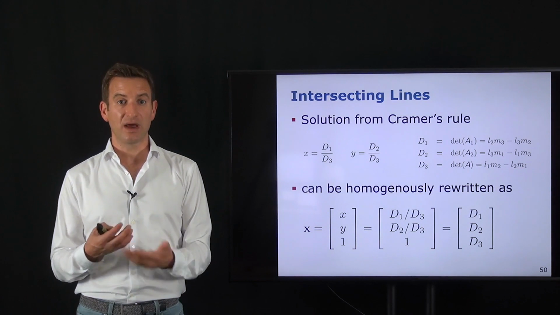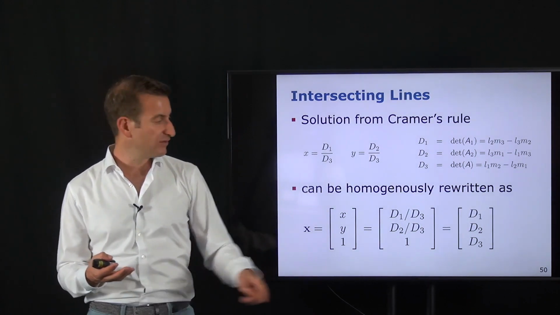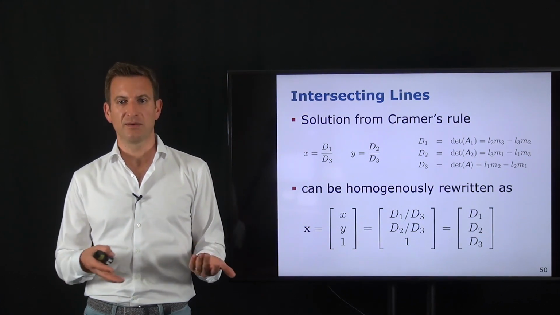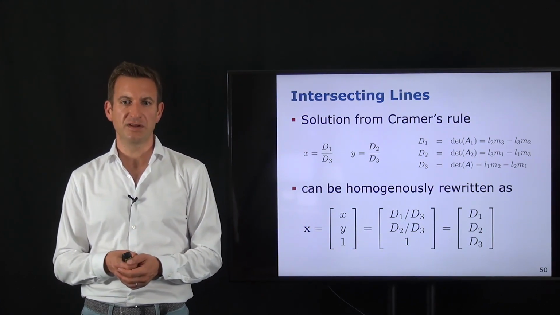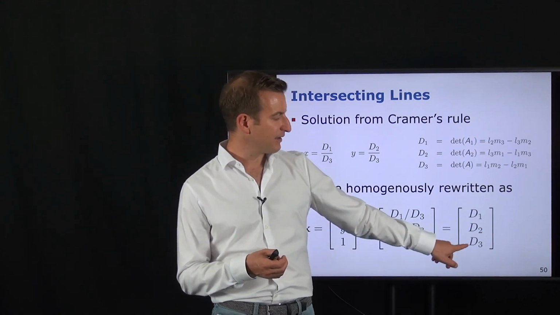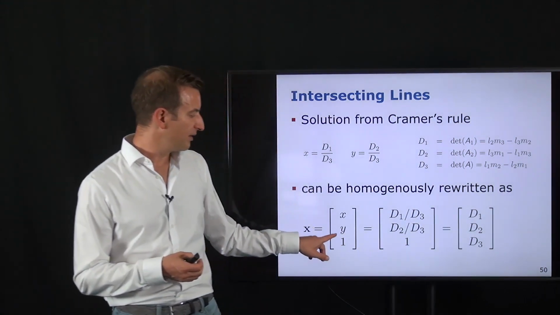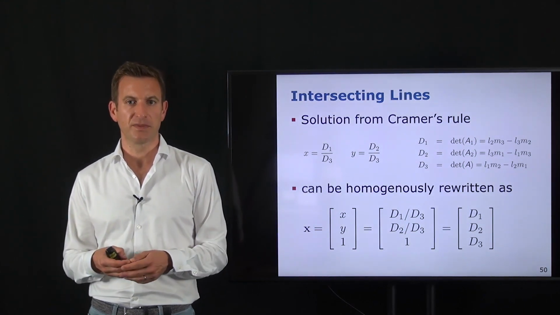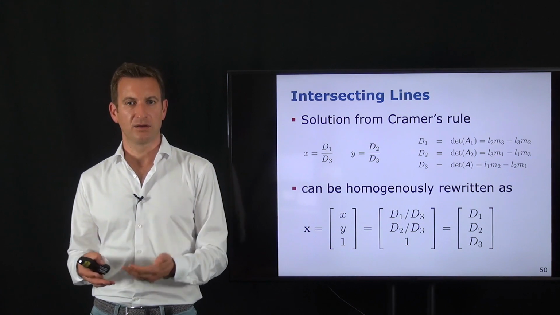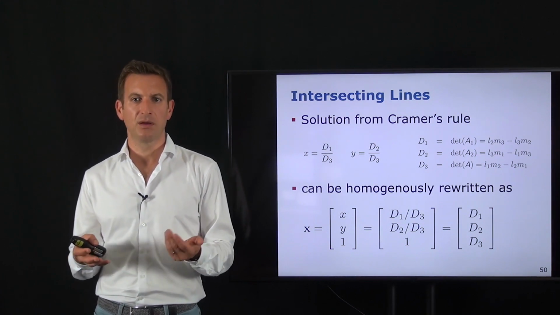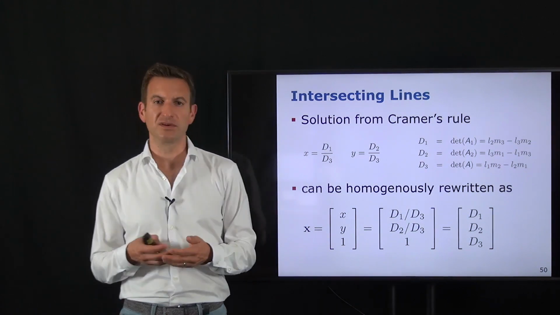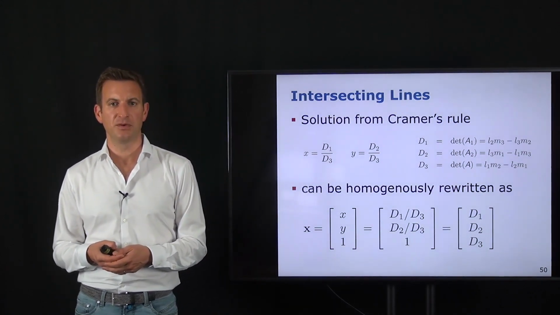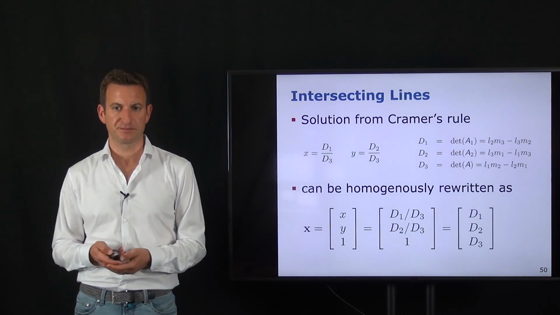Now I can write this in homogeneous coordinates as d1, d2, d3, a vector with 3 components. If I take this vector and go back to the Euclidean world, I have to divide by the last component, so I exactly get this result, and then I have my point in the Euclidean world. So this means I can obtain the solution by writing it in homogeneous coordinates as a vector d1, d2, d3, where these are the 3 different determinants computed based on Cramer's rule.